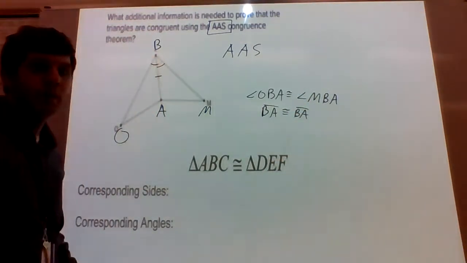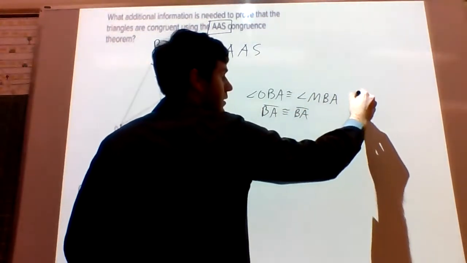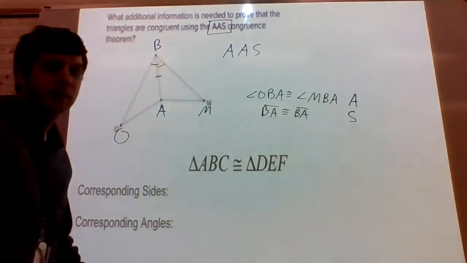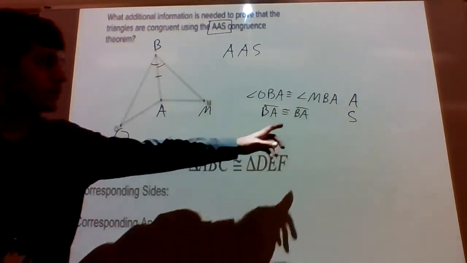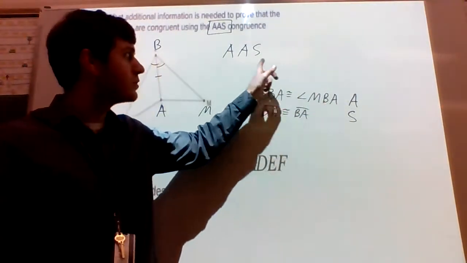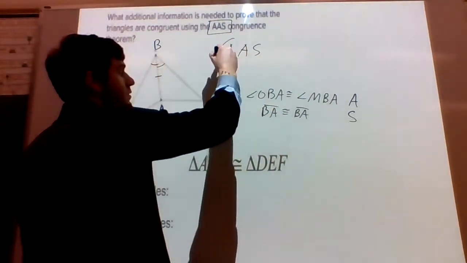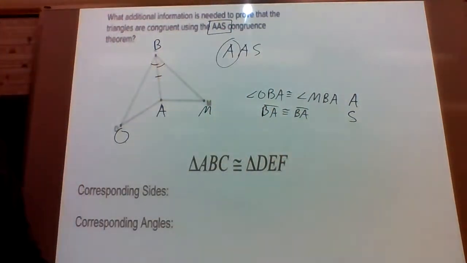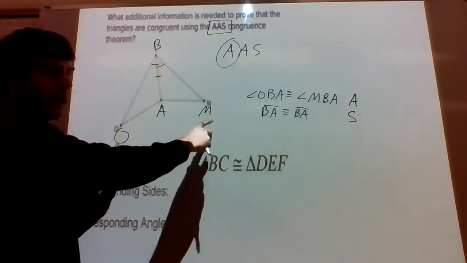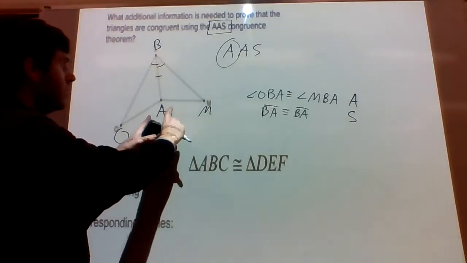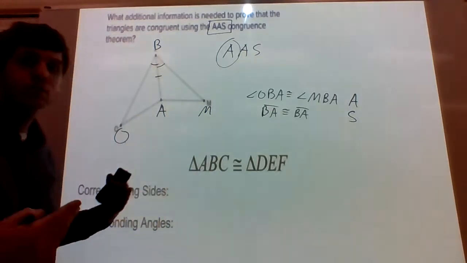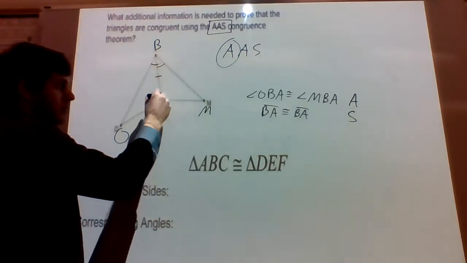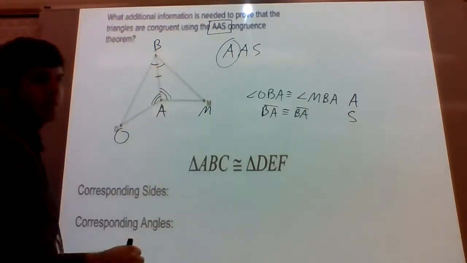Okay, so we have one pair of corresponding angles that are congruent and one pair of corresponding sides that's congruent. So if we have one pair of angles, one pair of sides, the other one we're going to need is another angle. Okay, that gives us two options. That gives us angle O and angle M, or it gives us angle OAB and MAB. Let's just assume it was OAB and MAB.